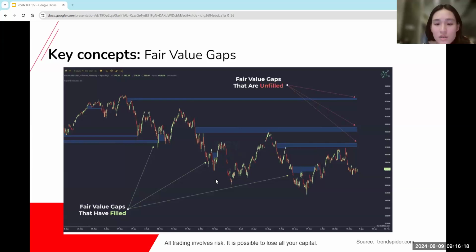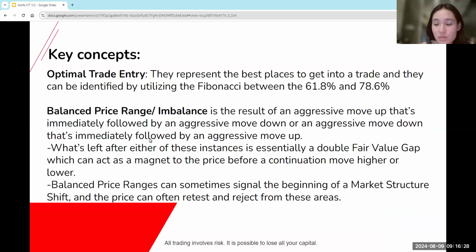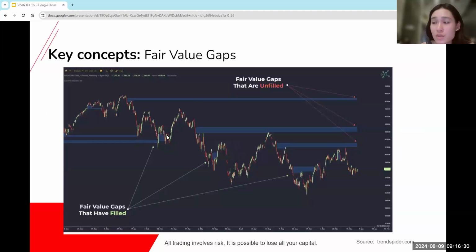And you can see the bordering candles' upper and lower wicks don't overlap. That's why we are highlighting the gaps as well. You can see the blue areas are where we are highlighting the levels that are not overlapped. Here as well, the unfilled fair value gaps.